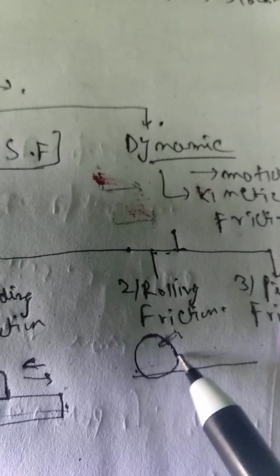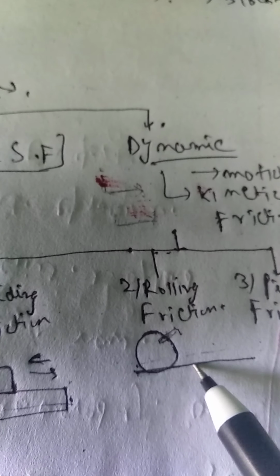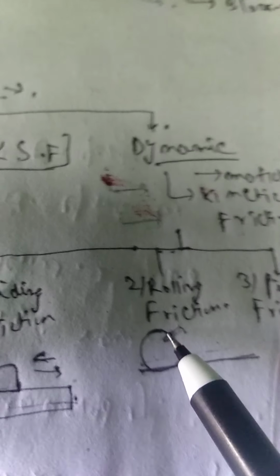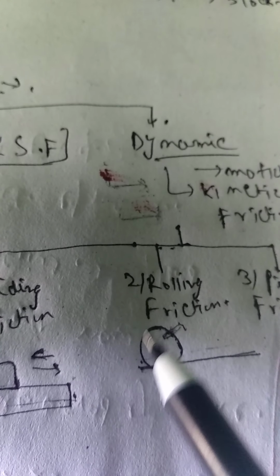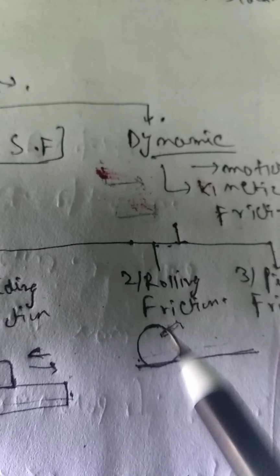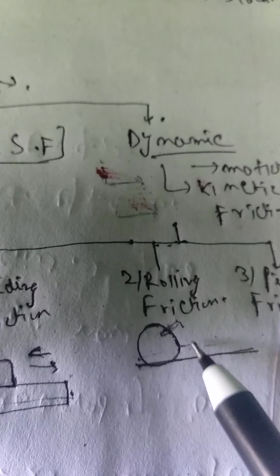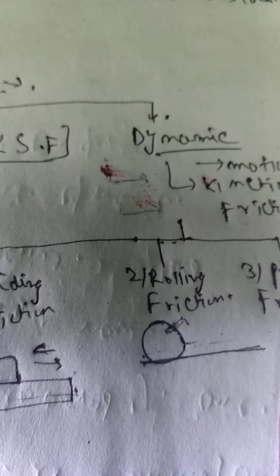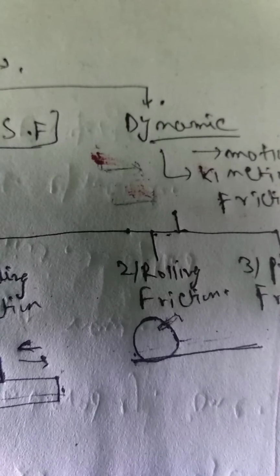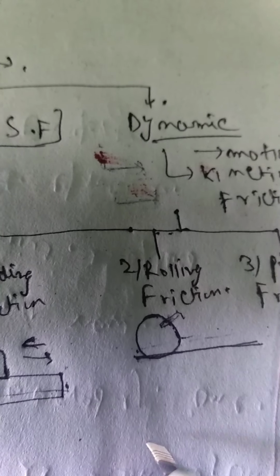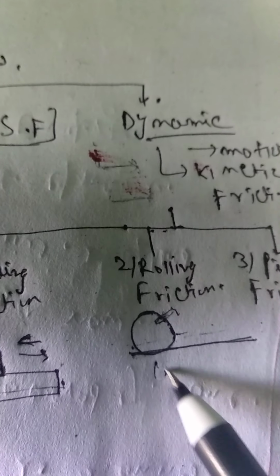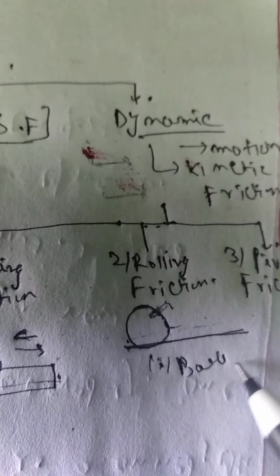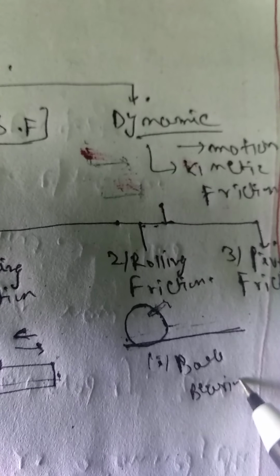When this road roller moves on the road, the front wheel of the roller rolls, so this is an example of rolling friction. Rolling friction is also used in ball bearings of cycles.